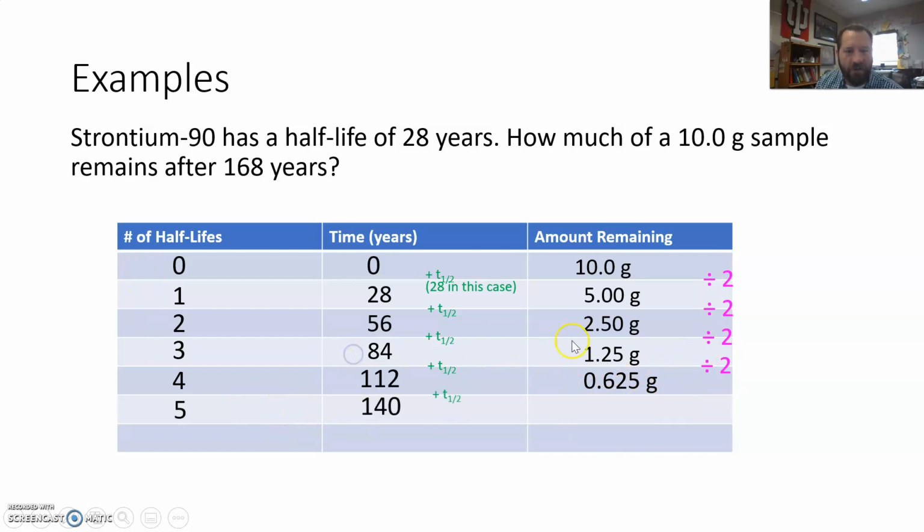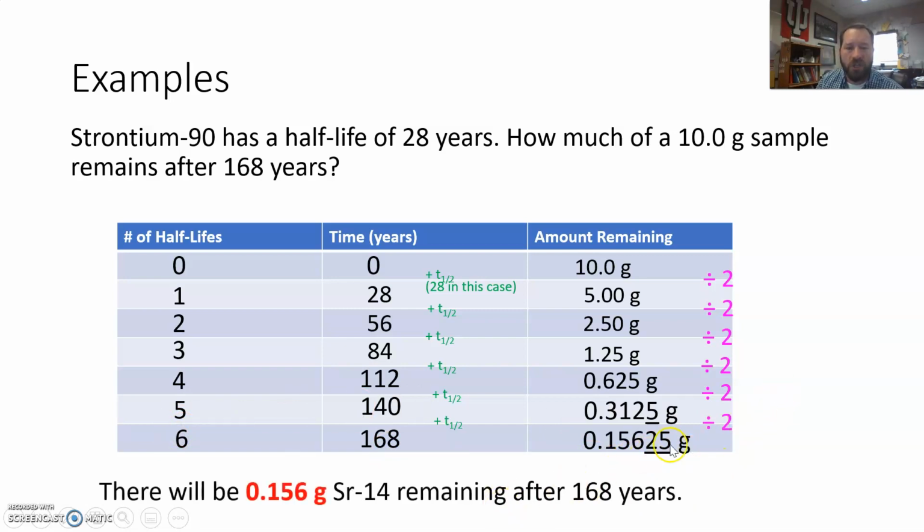After our fifth half-life, it's 140 years, we're now down to 0.325 grams remaining, and after our sixth half-life, hey, now we're at our 168 years. I got there by simply adding the 28 years each time, each step. I finally got there. It took 6 half-lives to get there. And now we have 0.15625 grams remaining.